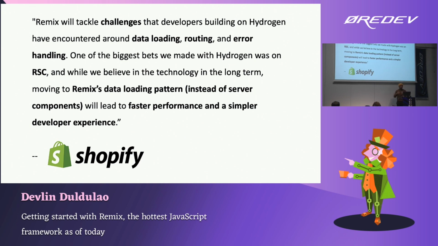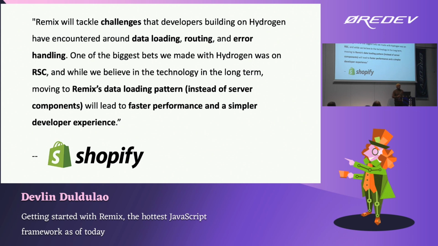One of the biggest bets Shopify made with Hydrogen was RSC, or React Server Components. They said that while they believe in the technology in the long term, moving to the Remix data loading pattern instead of RSC will lead to faster performance and a simpler developer experience.